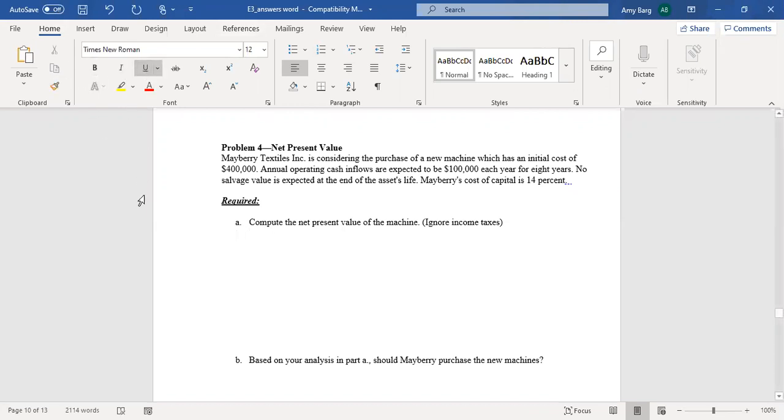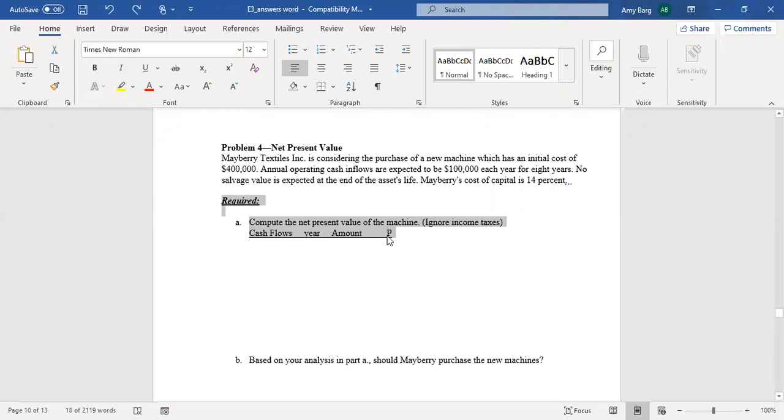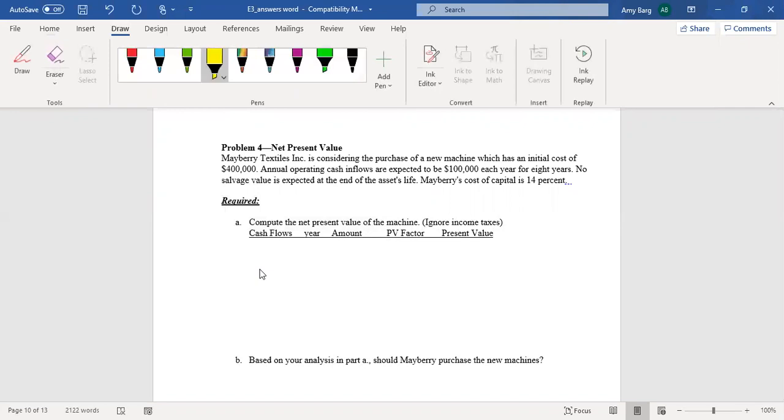So a good way to do this is to set it up like this. So we have the cash flows, we need the year, we need the amount, we need the present value factor, and then we figure out present value. So in the question, it tells us that we have an initial cost of $400,000.